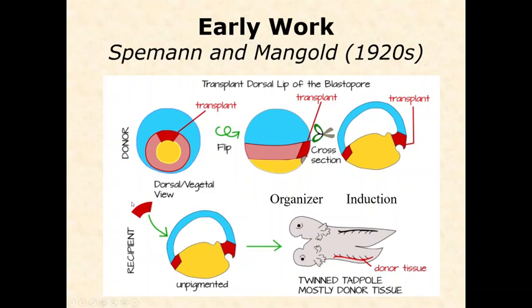The organizer is the group of cells originally, and they had no idea what the substance in it was that was creating the signal, and that it was able to cause induction, or in other words, induce the cells around it to a different cell fate. Now, 2 key points before we move on to the next thing. If these experiments are done at a later stage, then we don't get this outcome. We just get a group of cells that are signaling around it, but the cells don't essentially respond to that organizer system.